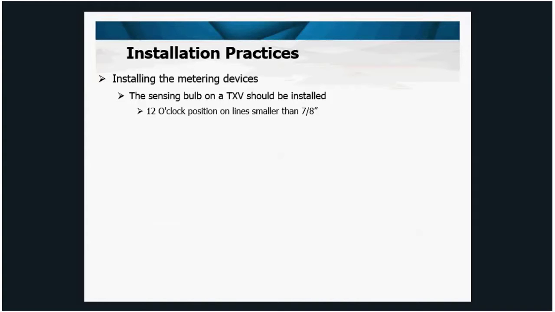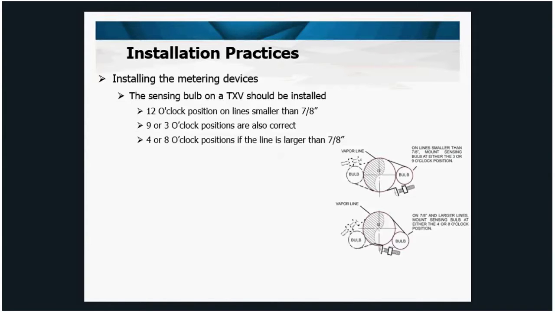Now, it says the 12 o'clock position in various code books. Manufacturers will say anywhere between 9 o'clock and 3 o'clock, and those will be fine. If the line is larger than 7/8 of an inch, you're supposed to put it at the 4 o'clock or 8 o'clock positions. And there are images of the two differences.